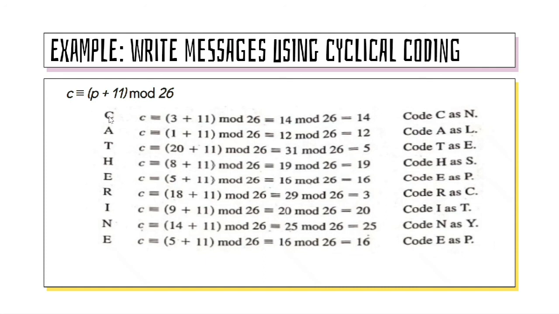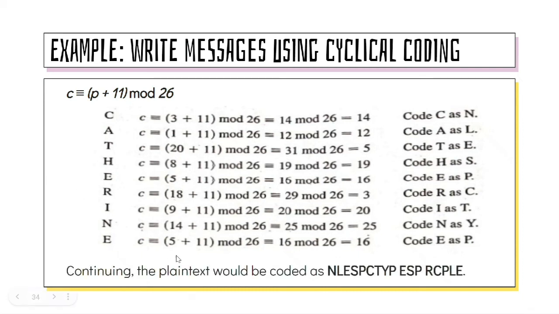So the same process, class, until we get the plain text Catherine the Great. If we continue, we can come up with the ciphertext message, which is this one: NLESPCTYP ESPRCPLE.